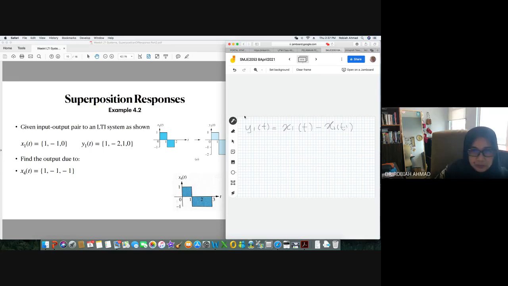So this is for 4.2 example. Given y4 here, y4 is the same, x4 of t minus x4 of t minus 1. Just put in the value.